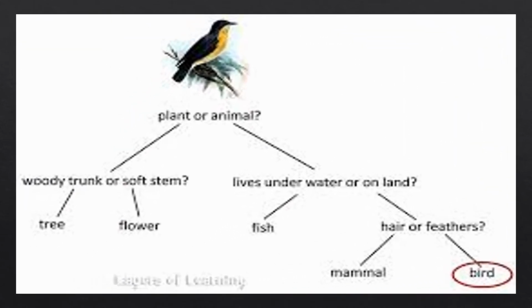If we look at the other example, it's very similar. We start off with a question. Is it a plant or is it an animal? Well, we know that it's a bird. And so then we move on. So we know it's an animal, so we're going to follow this branching path. Does it live underwater or on land?